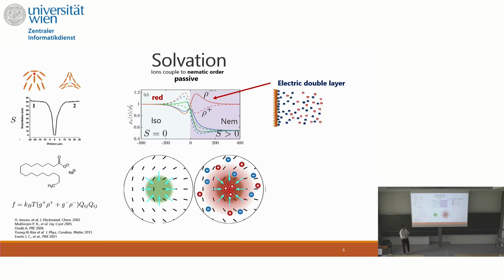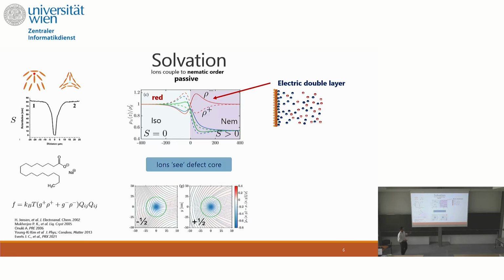So ions get actually attracted to the core of the topological defect. In this case, there are positive ions, and in this plot that Jeffrey calculated, there are negative ions. But the concept is the same.